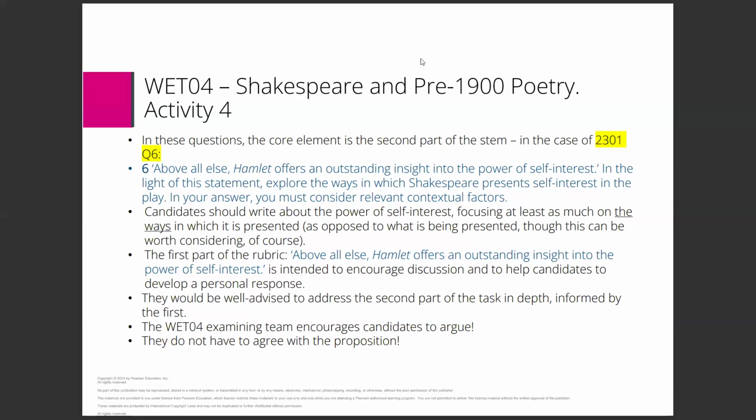So we have, explore the ways in which Shakespeare presents self-interest. We can see immediately that a candidate will probably have to define what they believe self-interest to mean. What is self-interest and how is it portrayed or displayed in these particular characters? And then looking at the prompt at the start, we have this idea of an evaluation when it says an outstanding insight of the power of self-interest.